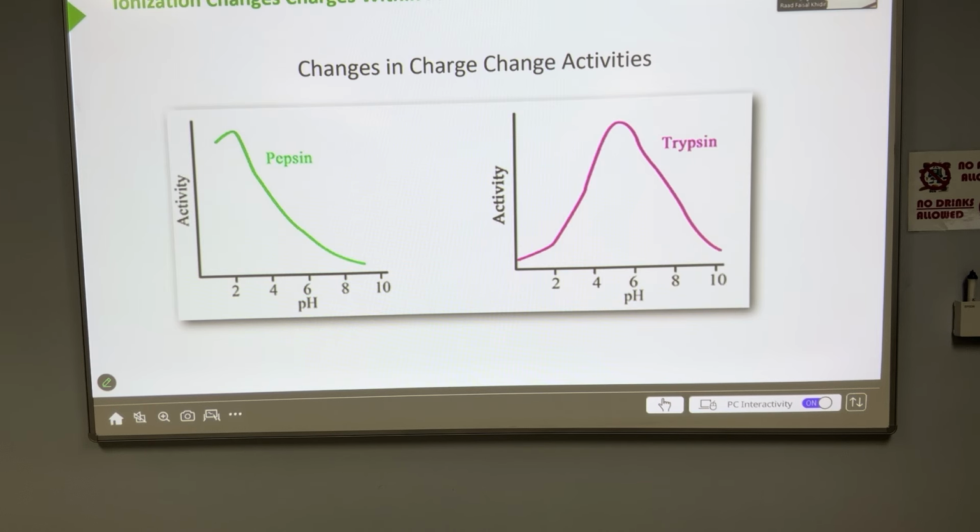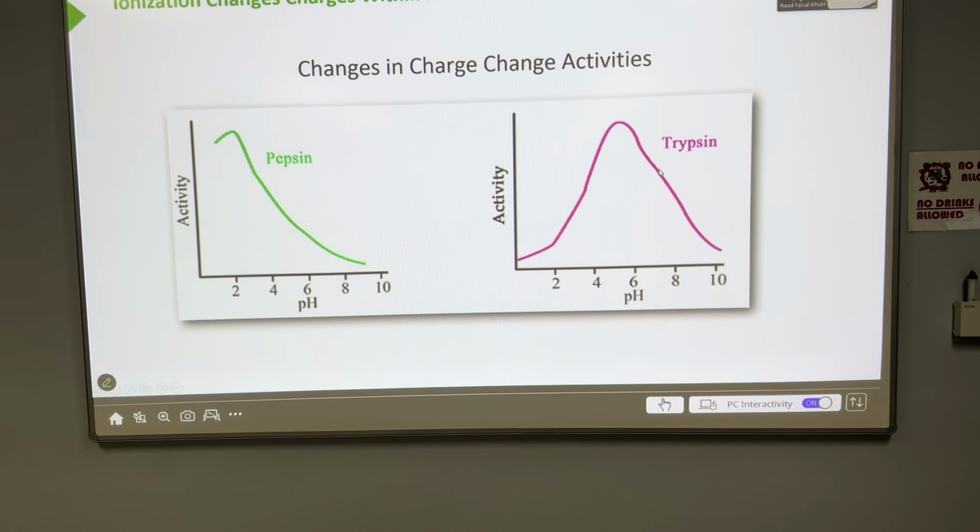Chief cells secrete pepsin, and parietal cells secrete hydrogen protons, the acid. So pepsin works at a very low, acidic pH. The optimal performance of pepsin is when the pH is low, while the optimal performance of trypsin is when the pH is almost near neutral.